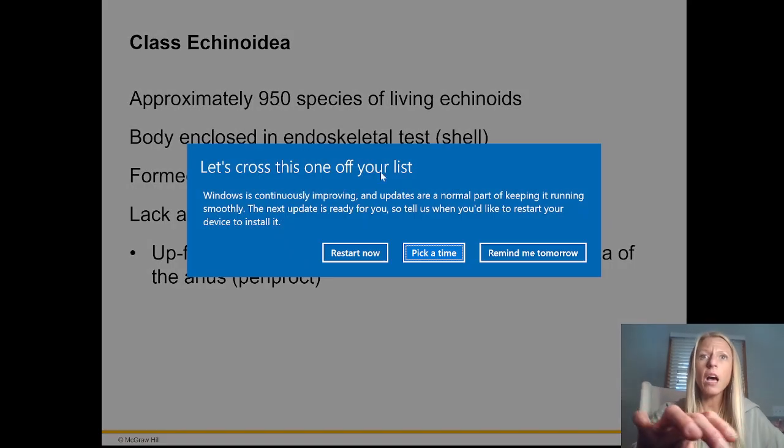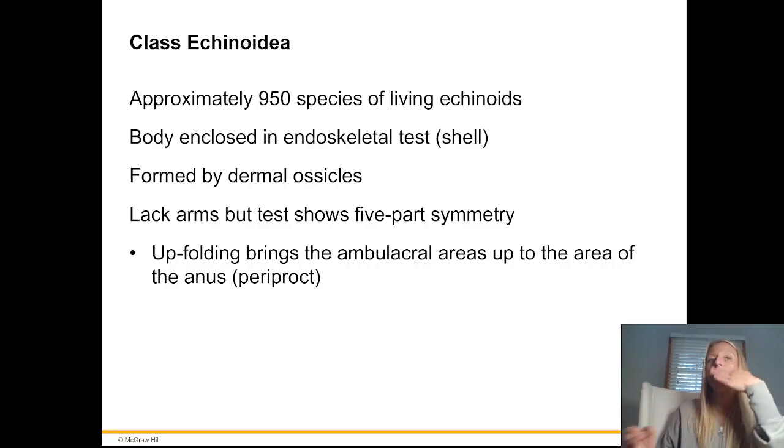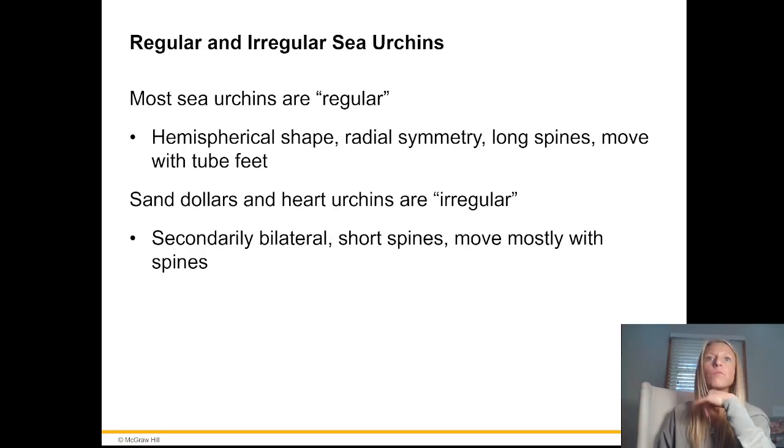Echinoidea. Their bodies are enclosed in endoskeletal tests or shells. We've heard that term before in reference to the protists. They're formed by dermal ossicles. They don't have arms, but their test has 5-part symmetry.